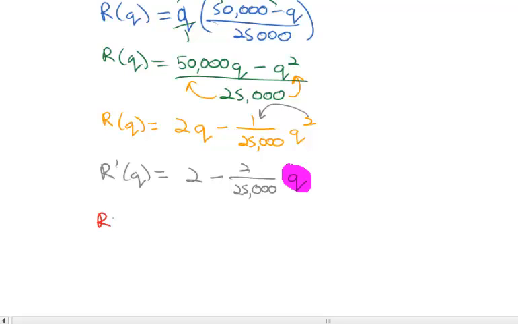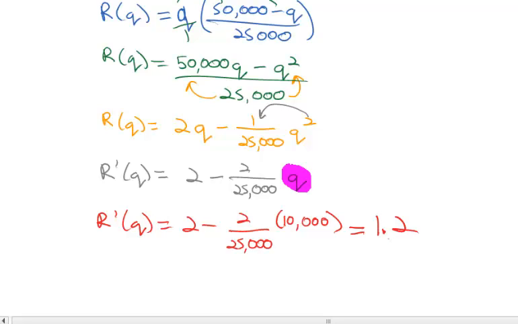So R prime of Q is equal to 2 minus 2 over 25,000 times 10,000. Plug that in your calculator, 2 minus 2 over 25 grand times 10 grand, and I believe you get 1.2, or $1.20 is the cost to produce one more item when we're producing 10,000.